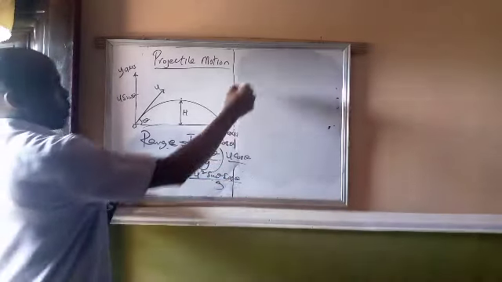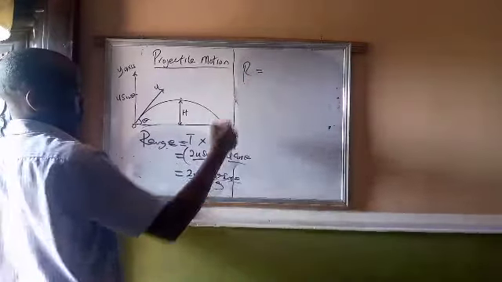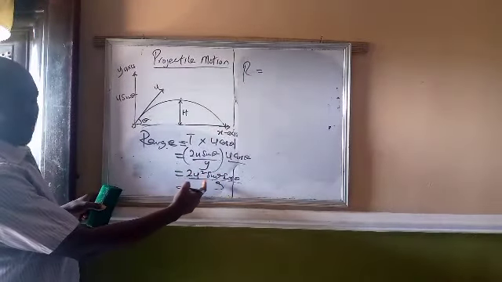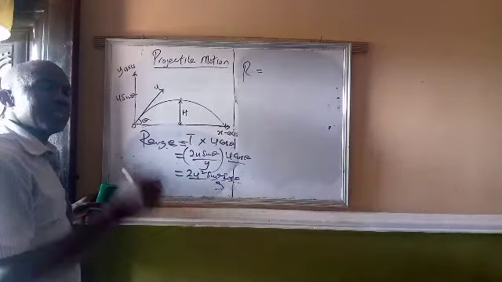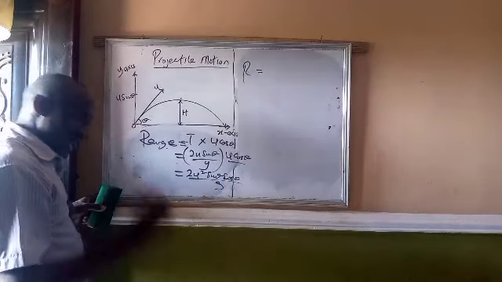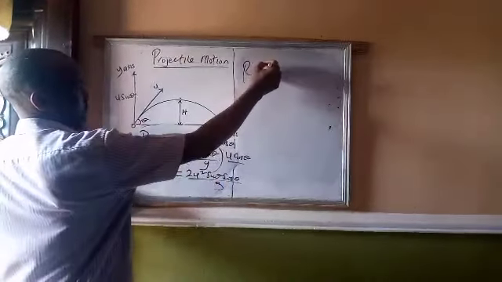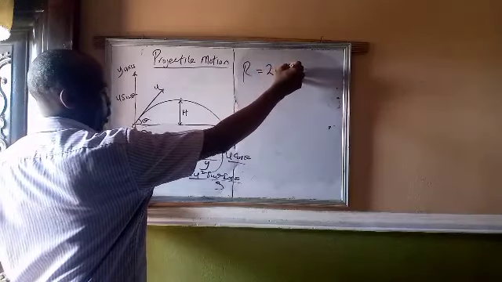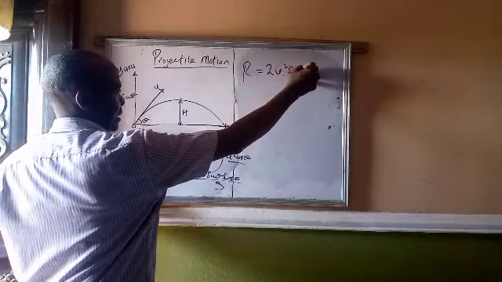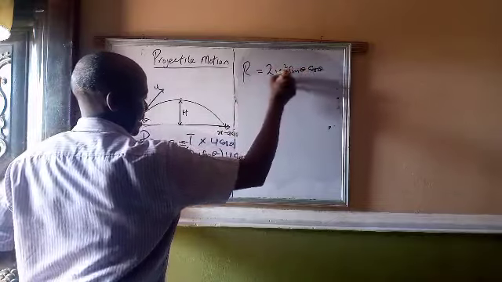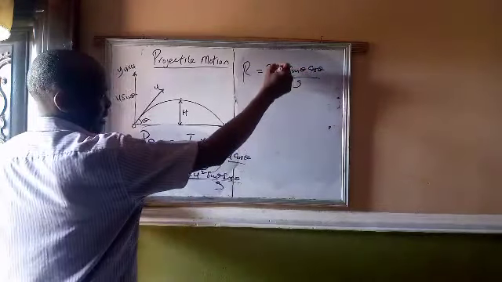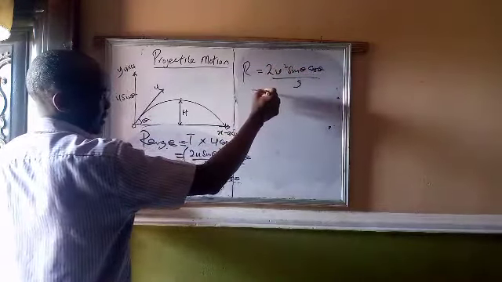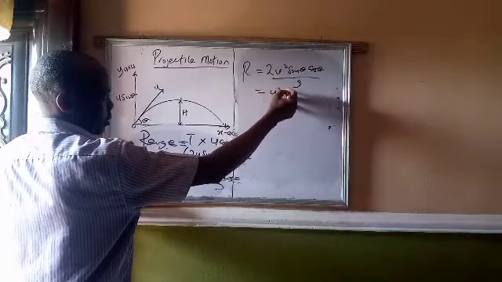Is that okay? So our range R equals 2 u squared sine theta cos theta divided by g. Let me bring the u square out so that you don't get confused.